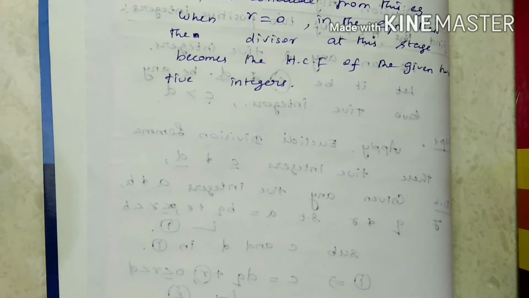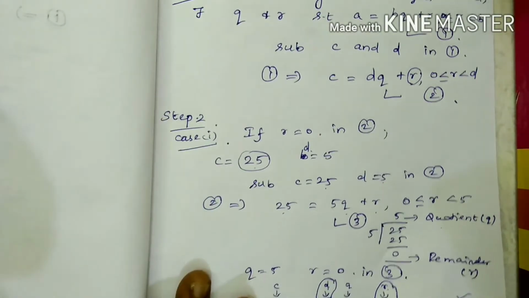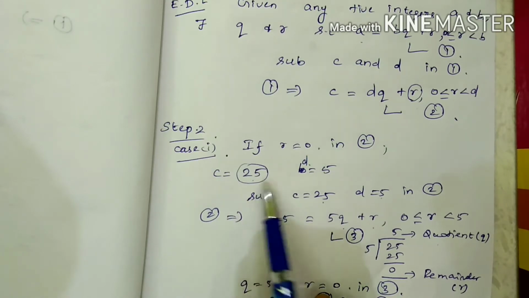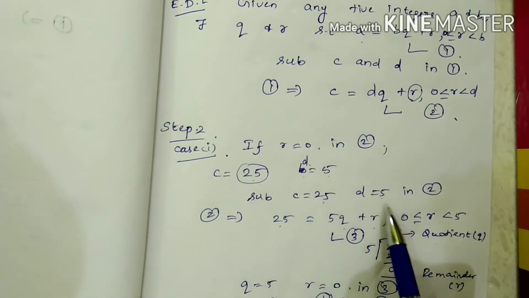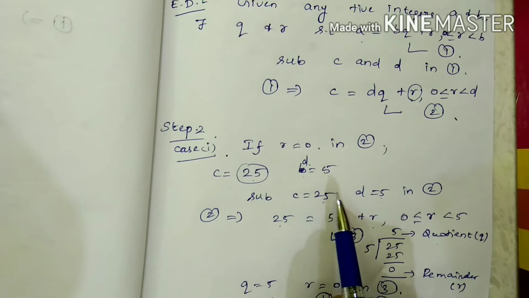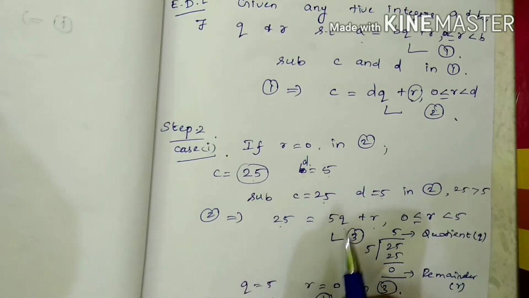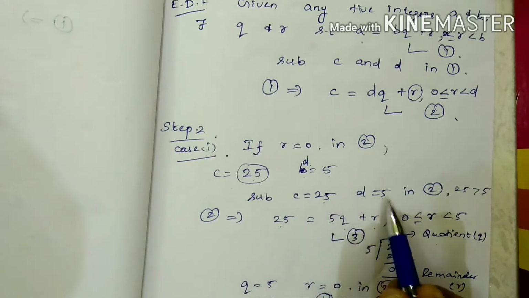If R is equal to 0, that only we are seeing in this small simple example by considering C as 25 and D as 5 with the condition C should be greater than D, that is here 25 is greater than 5. Okay, so we are taking C as 25 and D as 5.